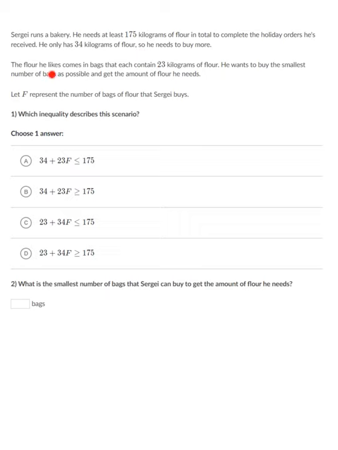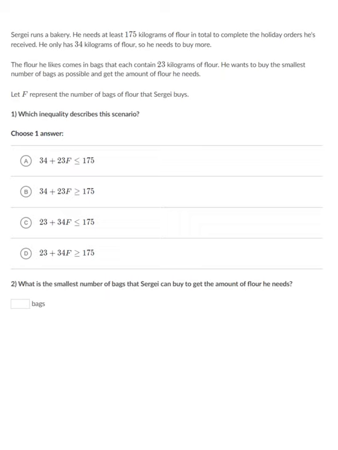The flour he likes comes in bags that each contain 23 kilograms of flour. He wants to buy the smallest number of bags possible and get the amount of flour that he needs. Let F represent the number of bags of flour that Sergey buys.